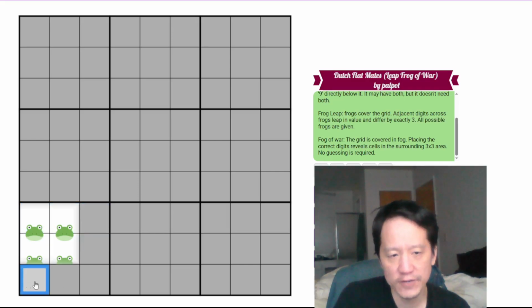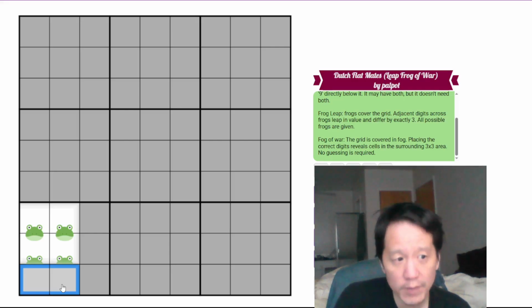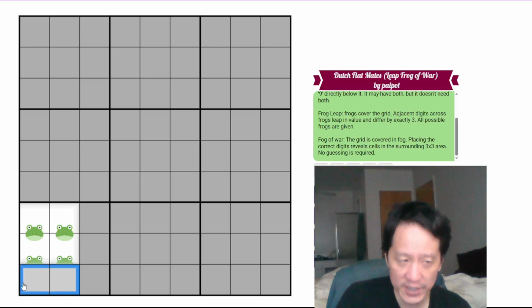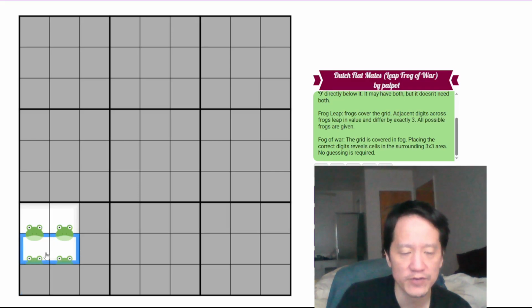If 5 were to be here, the problem is a 5 always has to have a 1 above it or a 9 below it. Well, if the 5 were here, you would have to have a 2 or an 8 above it, because it's a frog's leap that divides these cells. So 5 can never be here because it would never have a 9 below it, and you couldn't have a 1 above it.